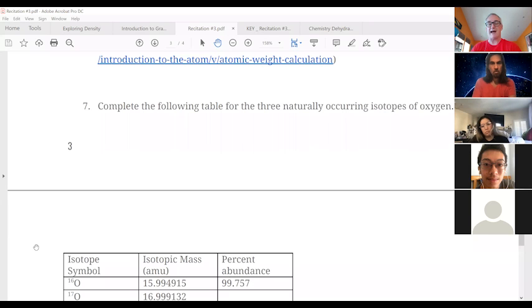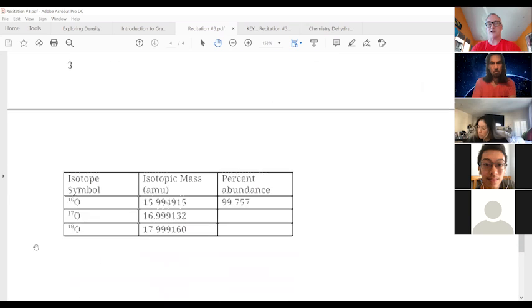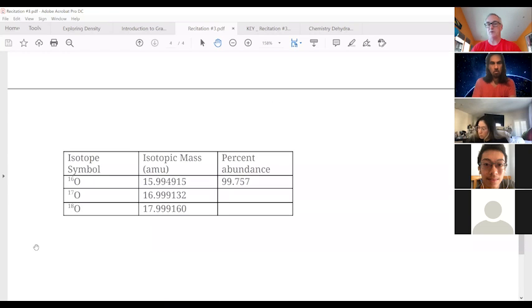The difference between average mass and isotopic mass. Do we know what the difference is? You can either say yes or no. No, haven't done that one. Okay. So we'll do that one together, but I'll just point out.